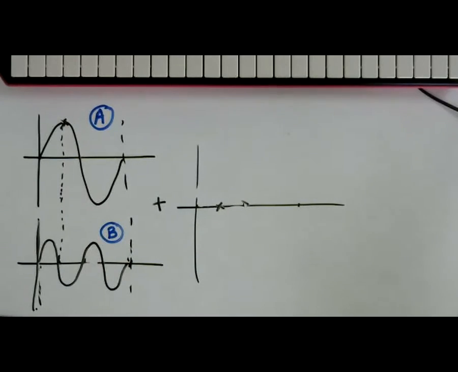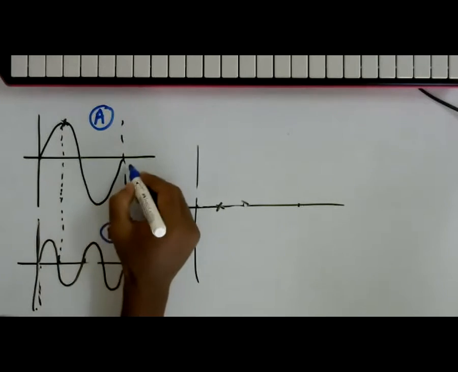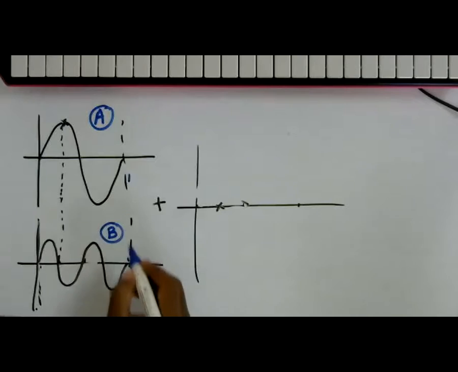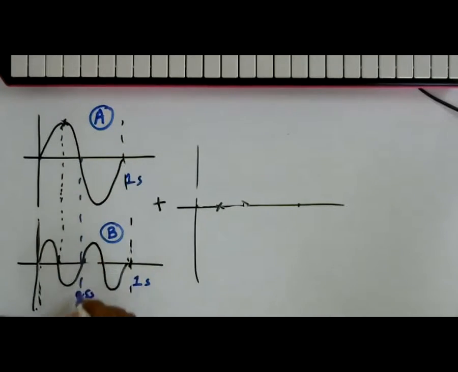So for wave A, it will be good if we are also able to give some time frame for this. Let us say the time over here is 1 second. So the time over here is also 1 second. So this will be 0.5 second. Okay, so we are talking about 0.25 seconds.